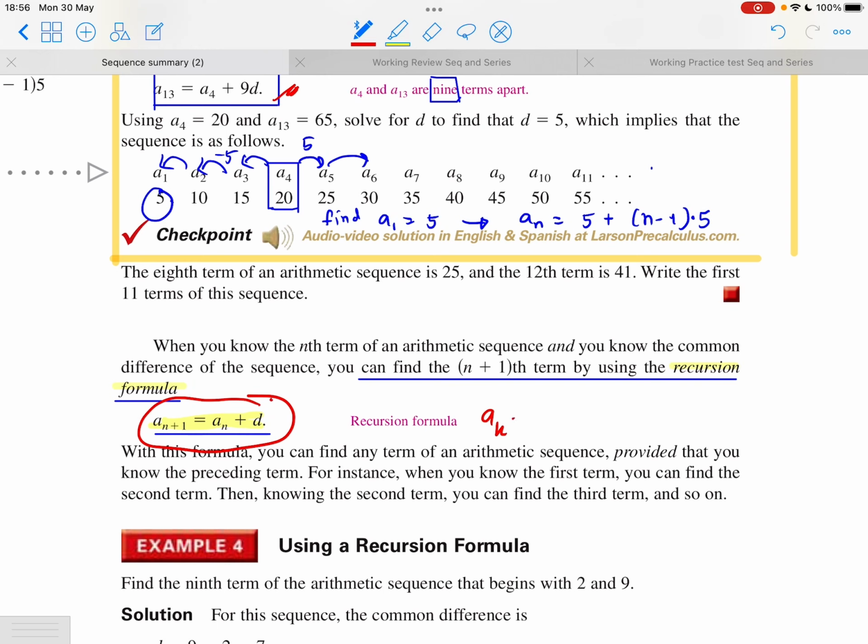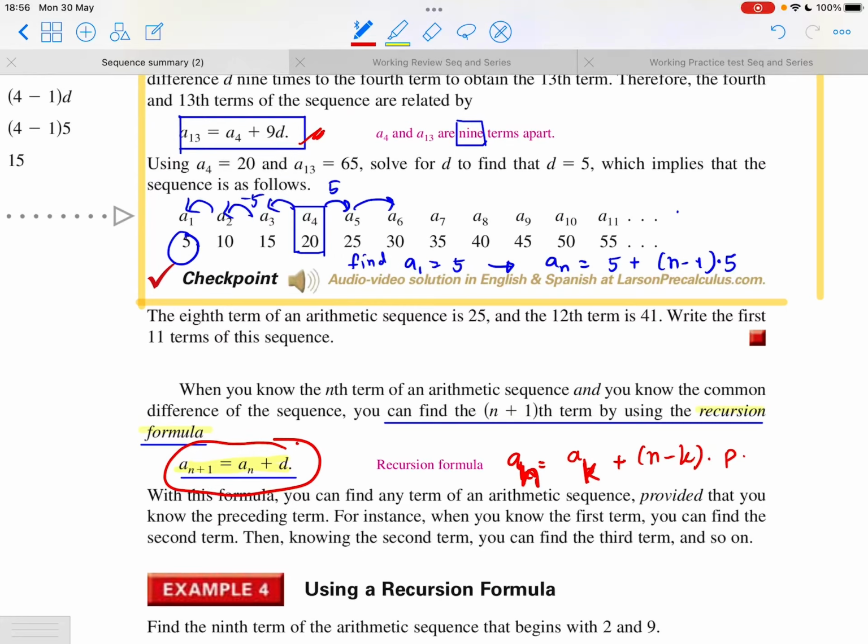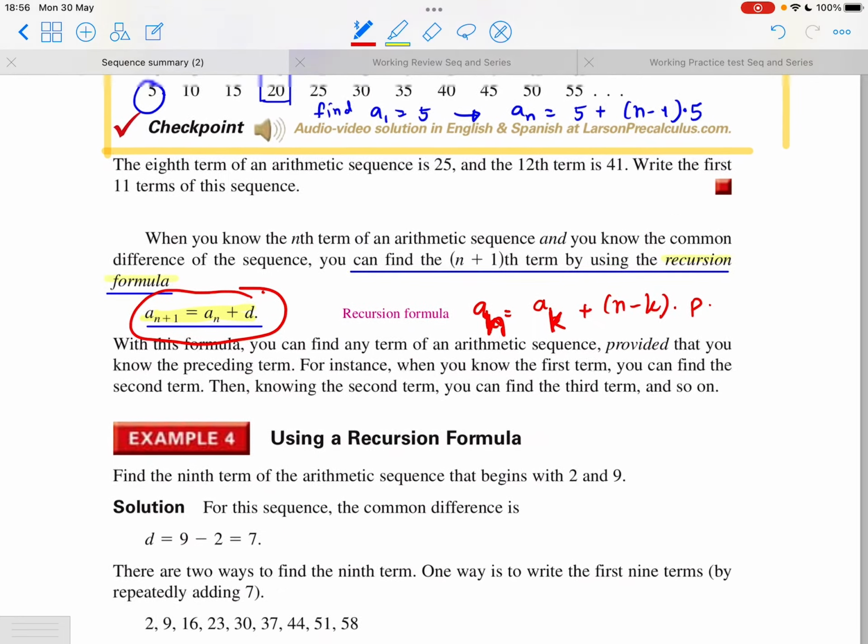So a_n would be equal to a_k plus (n minus k) times d, for example. Just like that example that I just told you about.